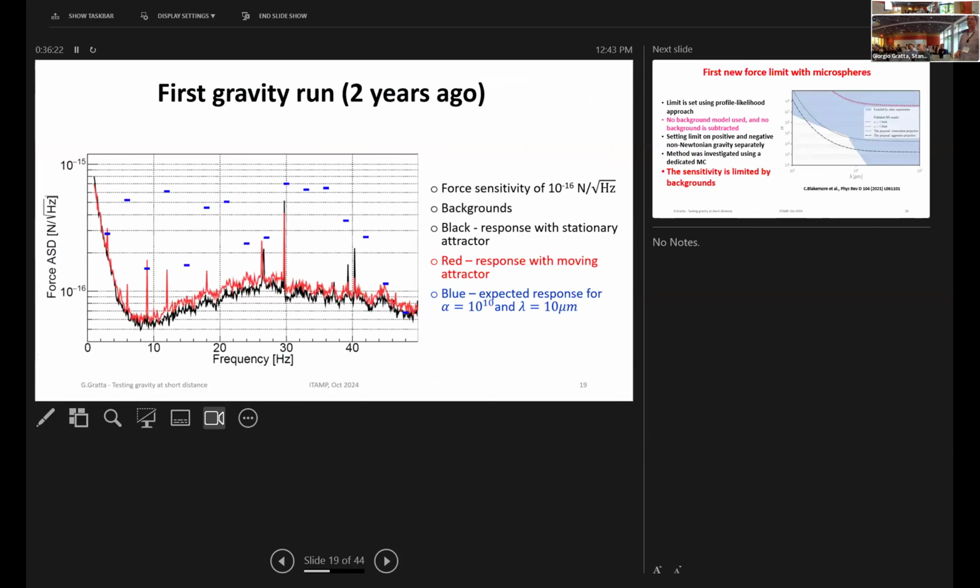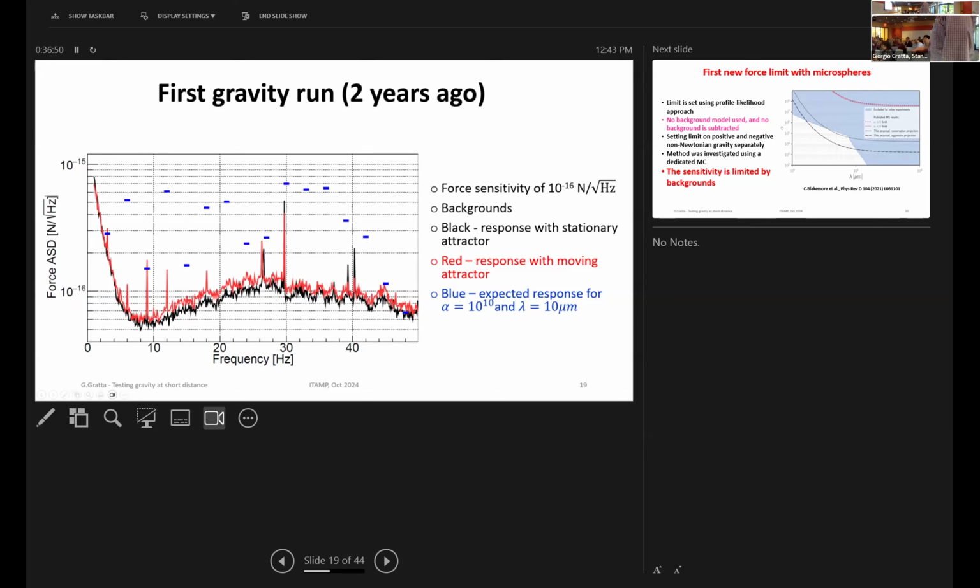So the good news is the noise level. Black is data, about 24 hours of data, when nothing moves. Red is data when the attractor is scanning back and forth. You see that noise doesn't change much, but you get discrete frequencies, so this is a background of some sort.